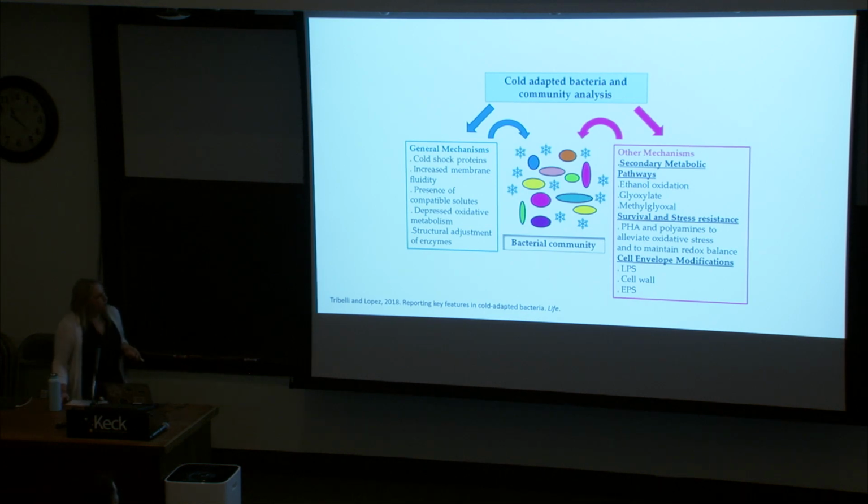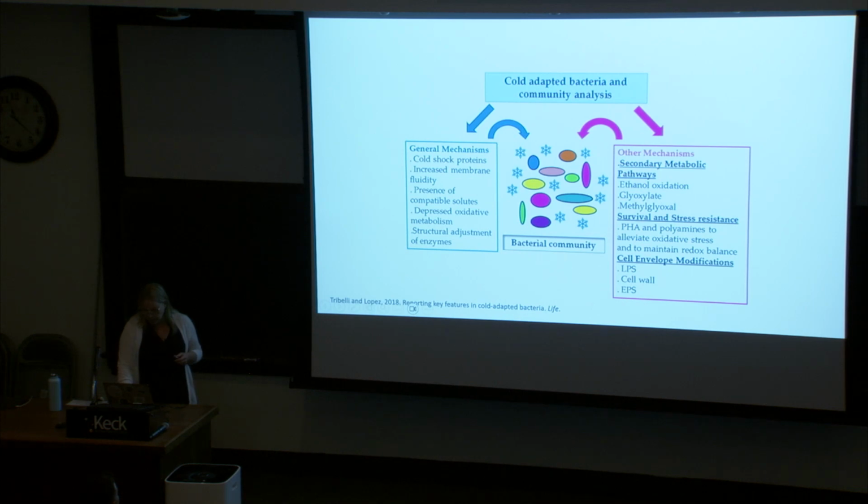And so organisms can use strategies at all different levels of cellular physiology to combat these types of stresses. So characteristics of cold adaptation include the expression of cold shock proteins, EPS, the presence of compatible solutes, things like glycine, glycerol, trehalose.